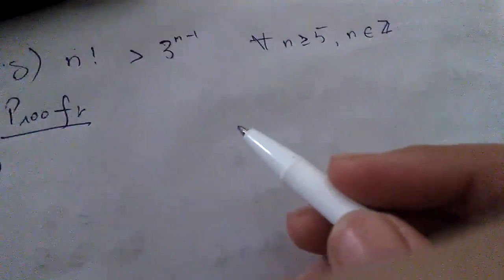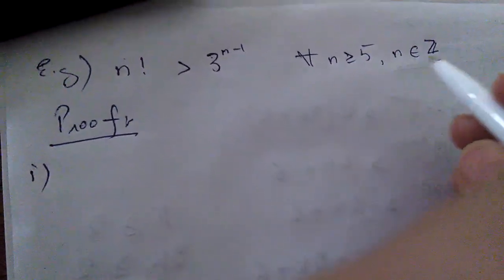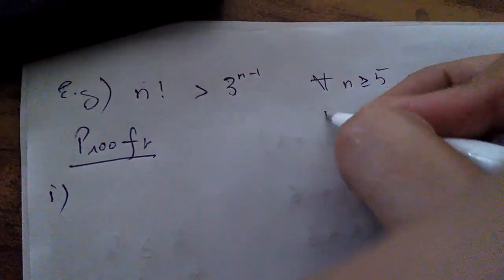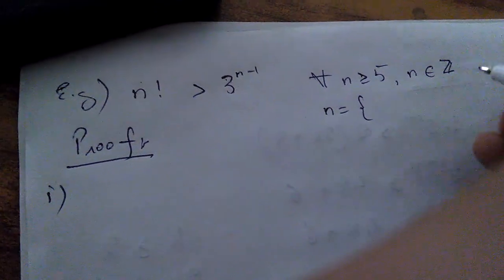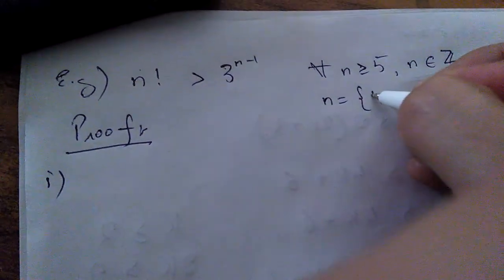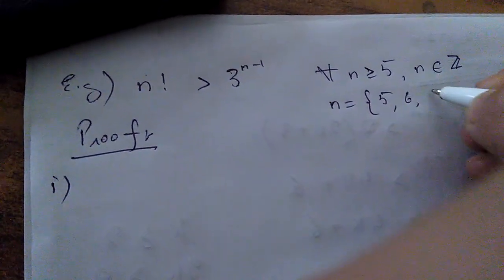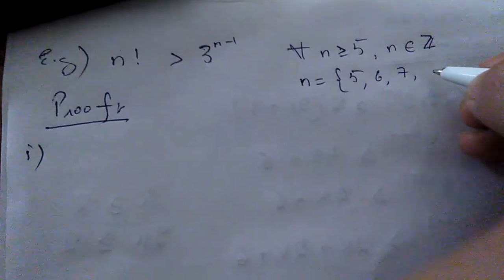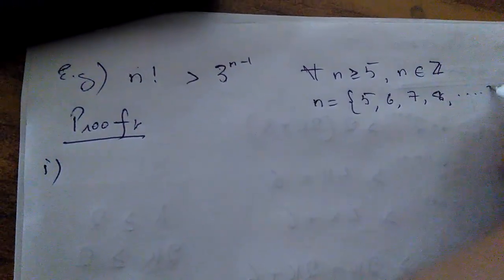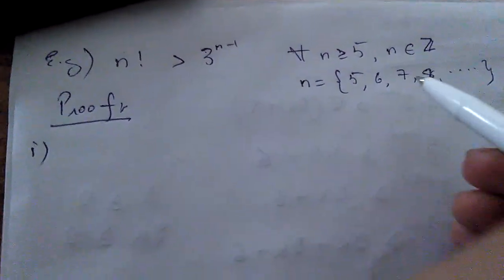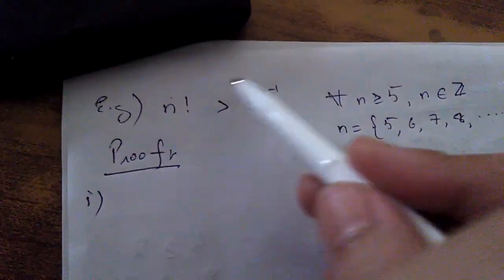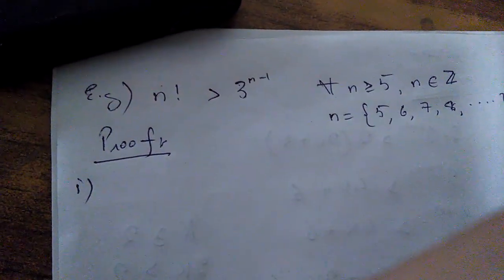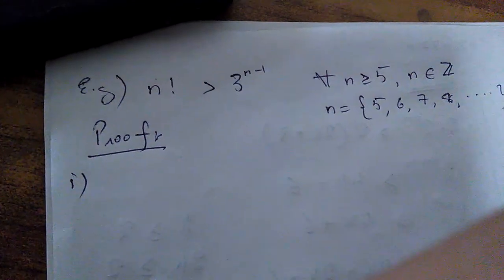Let us apply, and here the set of numbers for n are the integral values greater than or equal to 5. This is the set of numbers, and for all these numbers, this inequality should be proven true in the light of mathematical induction.